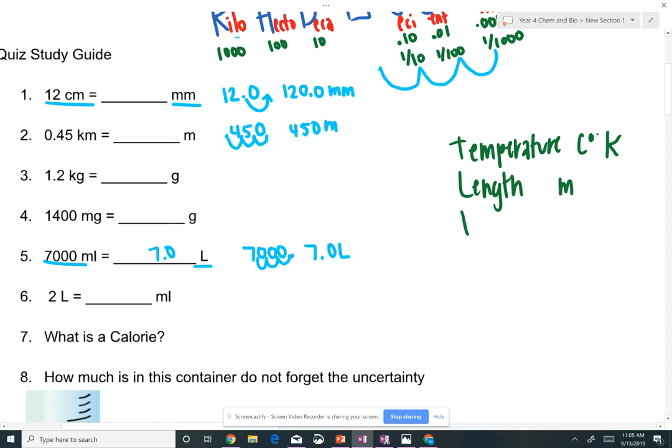Volume is liters, and then mass. Mass is in grams. So just know those different suffixes.